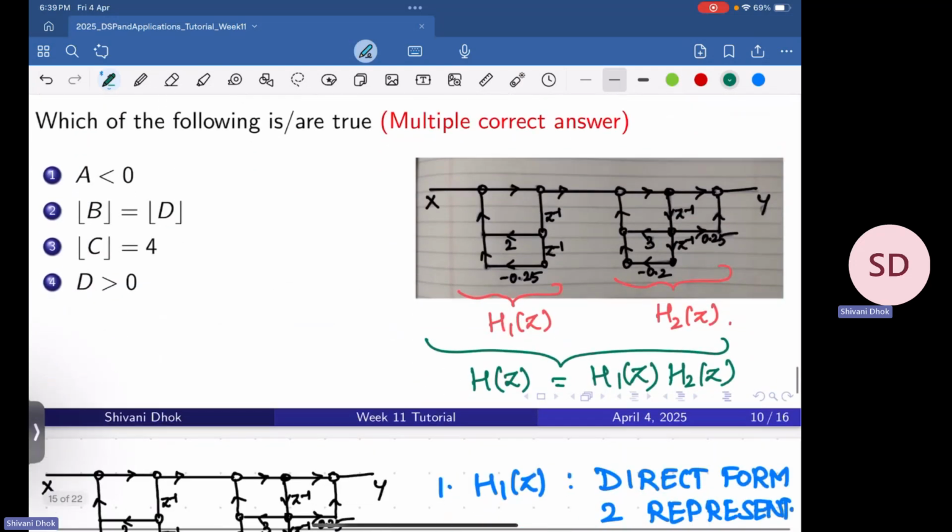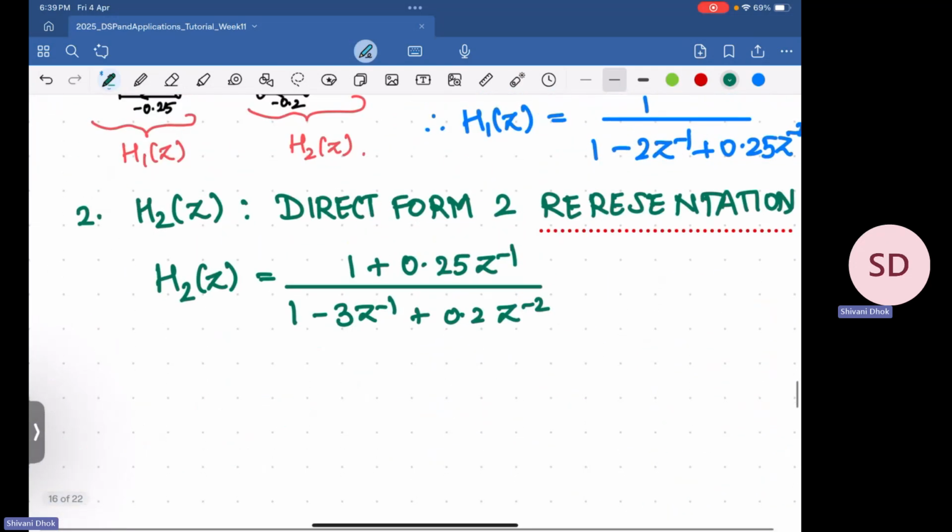Now this h of z is simply h1 of z into h2 of z.